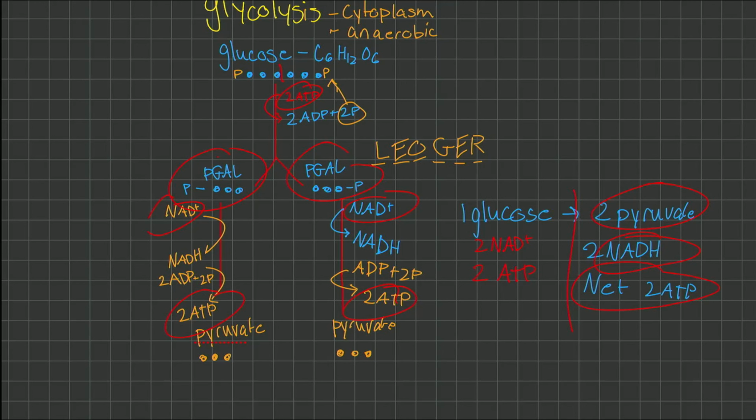We're breaking down this high energy glucose molecule and turning it into pyruvate, which is later used in our Krebs cycle. It's fast, efficient, doesn't need oxygen, and needs just a little energy up front to get it started. And boom, you've got the power to fuel the rest of the cell's energy cycle.